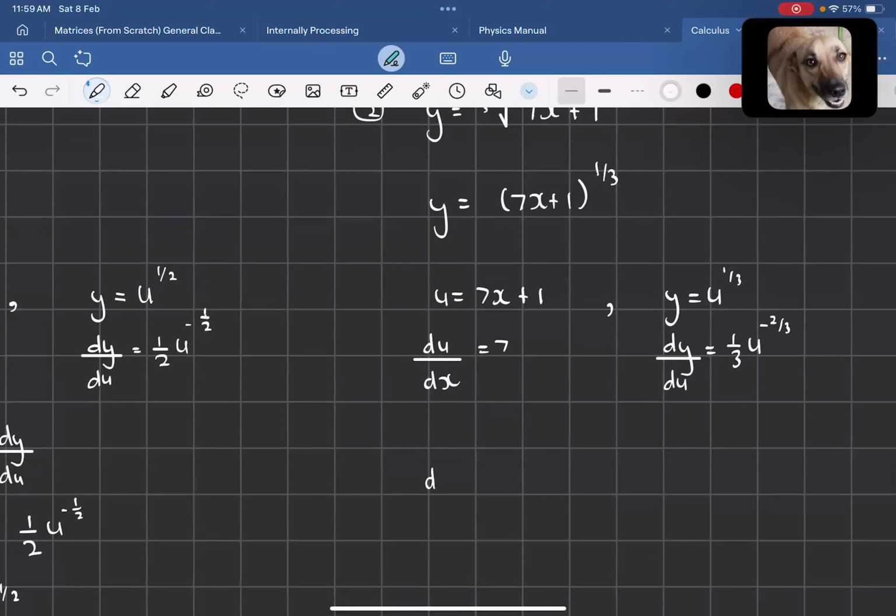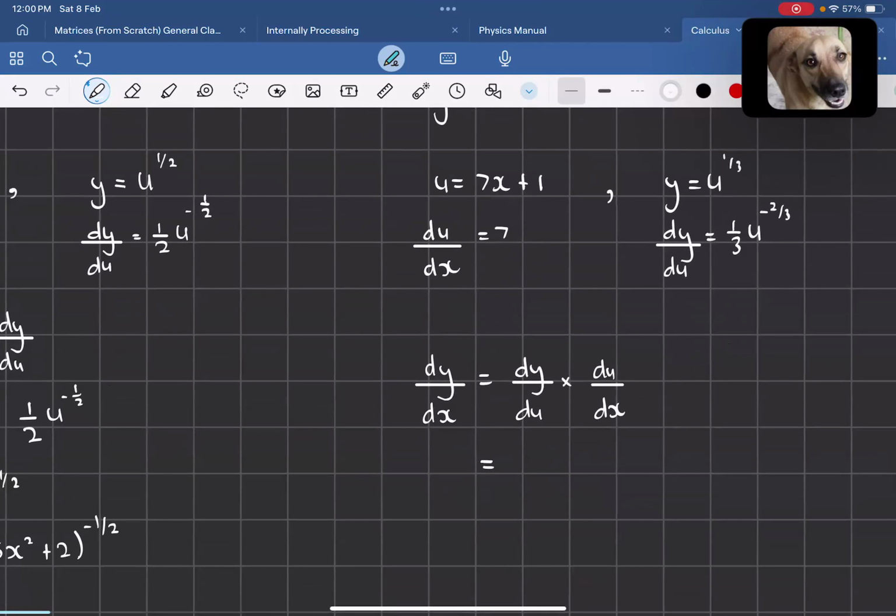Right, so to find dy dx, that would be equal to dy du by du dx. Dy du is a third u to the power minus 2/3 multiplied by 7.